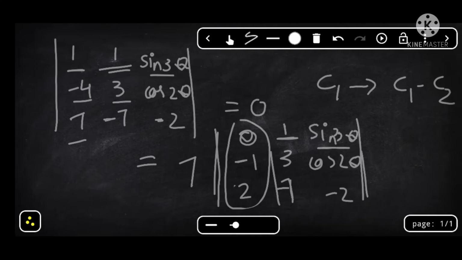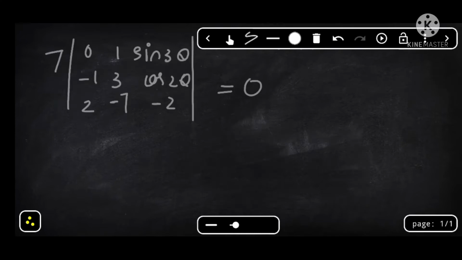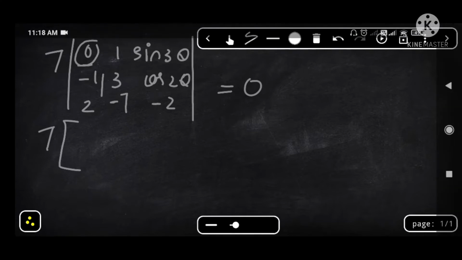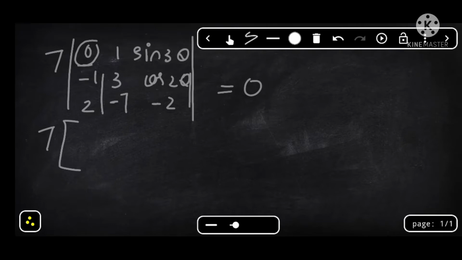Okay, so let's see how to do that. So let's start. First of all, when we deal with 0, as common we have a 7, so inside the bracket, when we take the determinant in correspondence with 0, the whole value is going to be 0, right? So just keep it as 0, no need to solve this one.